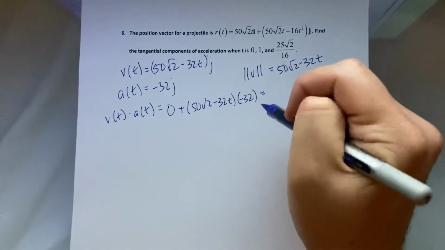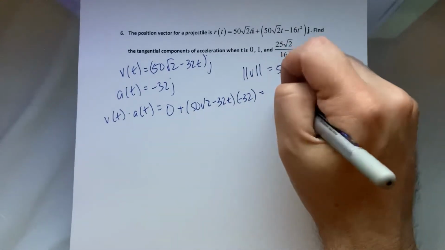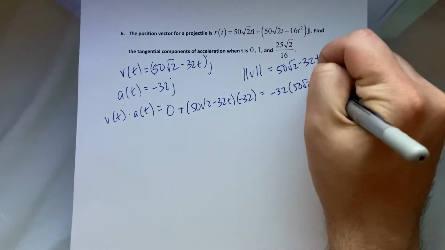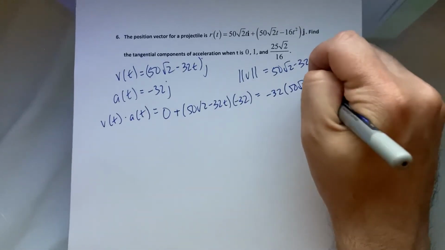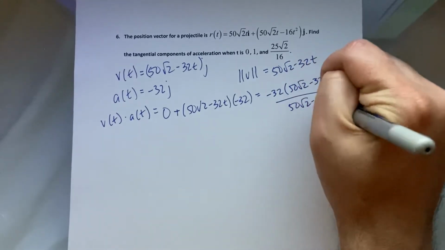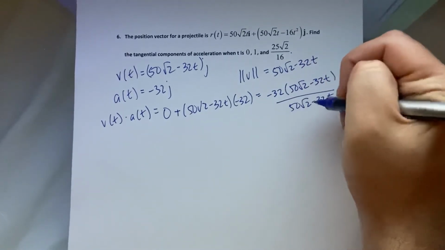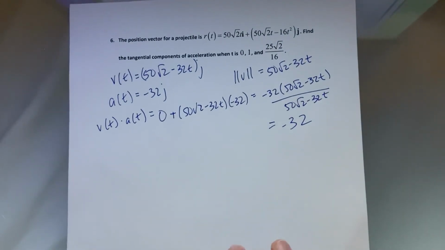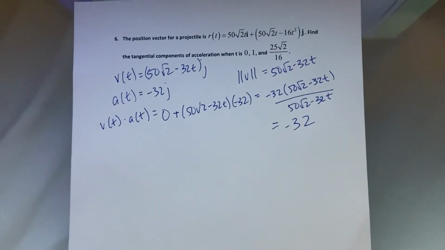Now, this is why I'm leaving this the way it is. If I take negative 32 times that 50 root 2 minus 32t over 50 root 2 minus 32t, it becomes clear these cancel, and this whole thing is negative 32. It asks for the value when t is 0, 1, or 25 root 2 over 16, but it doesn't seem to matter.